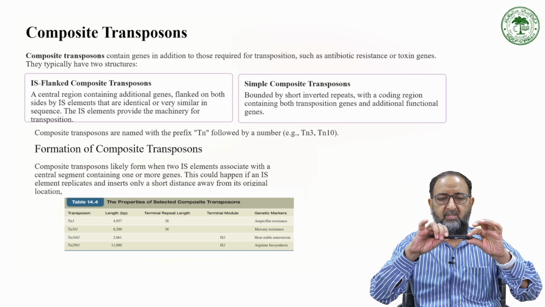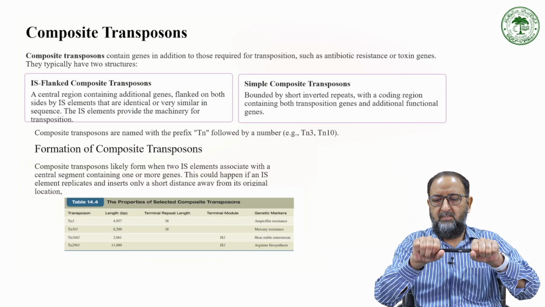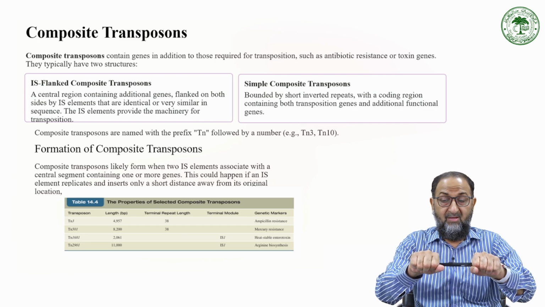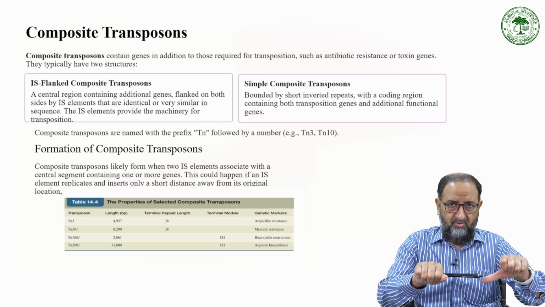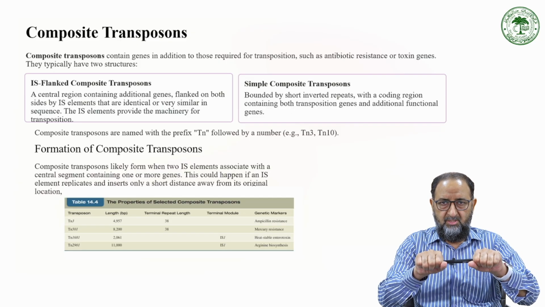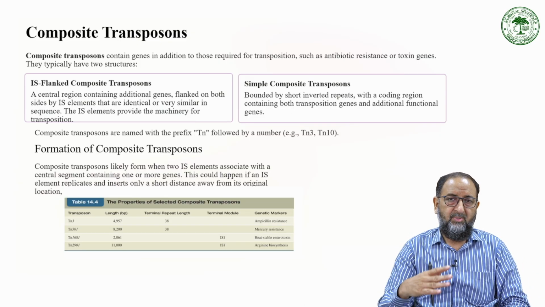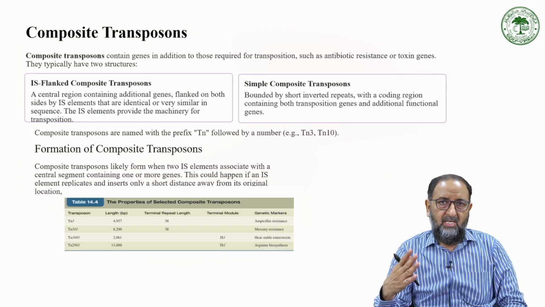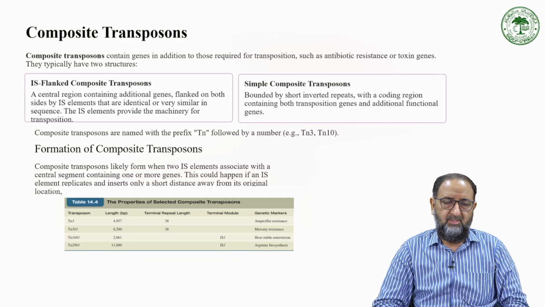For example, if this is the transposon, then these are the two insertion sequences, and each insertion sequence could have its own inverted repeats. Depending upon these insertion sequences, the transposon carries the gene being transferred, inverted, or switched to another part of the chromosome or to other organisms, like other bacterial species.